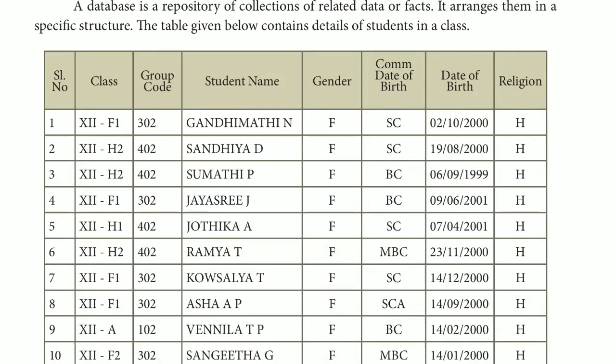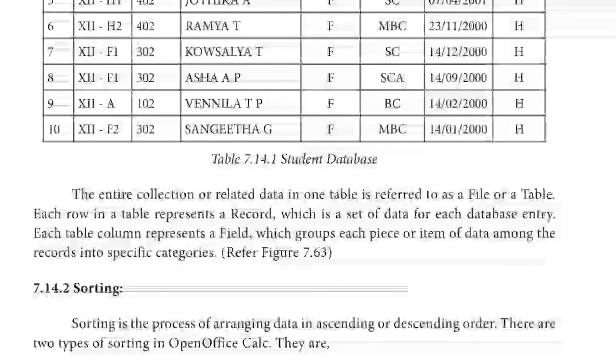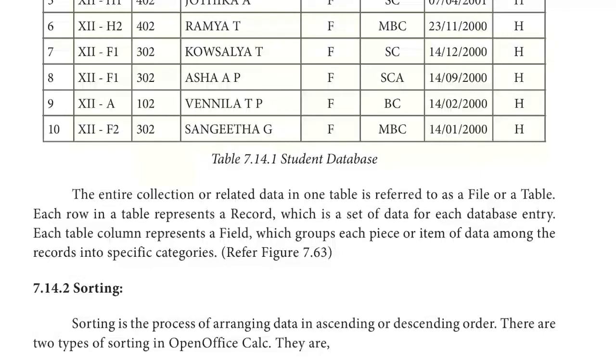So their group code, student name, gender, date of birth, community, and religion, all these things are stored in a database, and this database is sorted by using some sorting tools which are available in the data menu of OpenOffice Calc. So we'll see one by one.